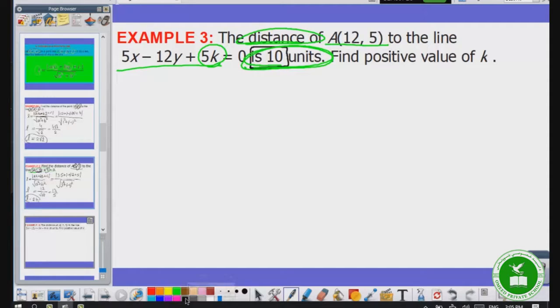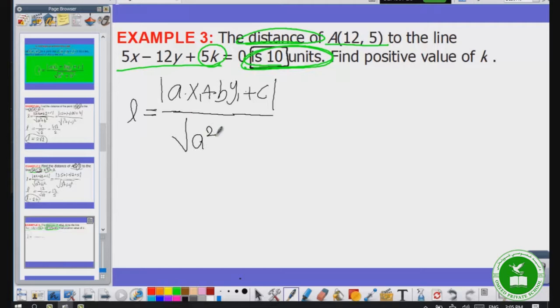Again, here we use the simple formula. What was the formula? The formula was distance is equal to the absolute value of A into x1 plus B into y1 plus C divided by under root A square plus B square.